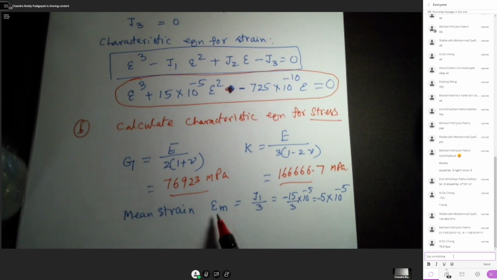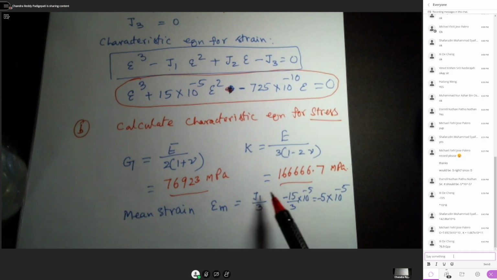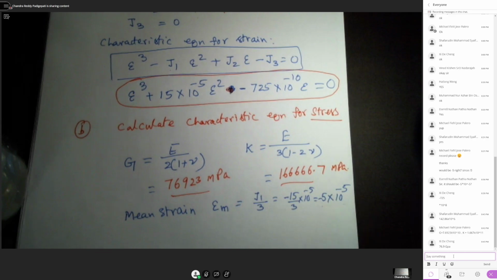And also you can calculate the mean strain. So mean strain is simply the three normal strains over 3. So in other words, J1 over 3. So we have already calculated J1, so the mean strain you get. So now we need to apply the relationship.